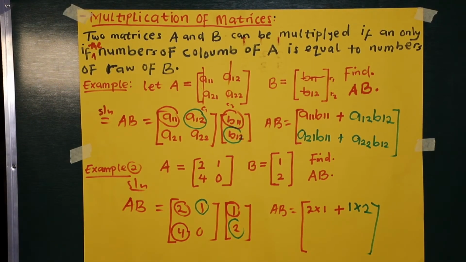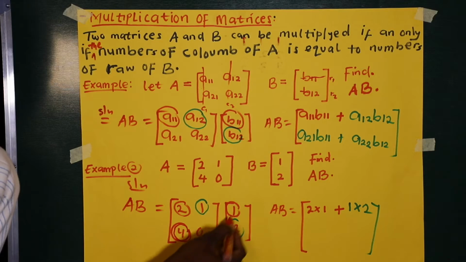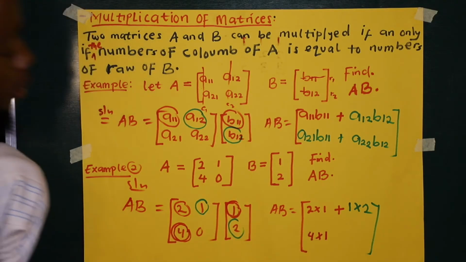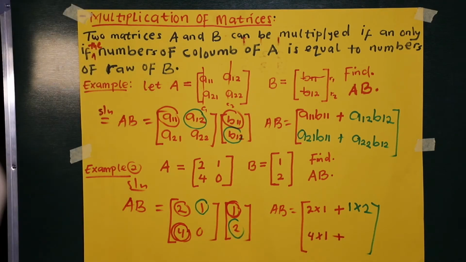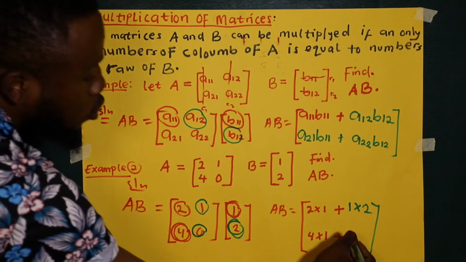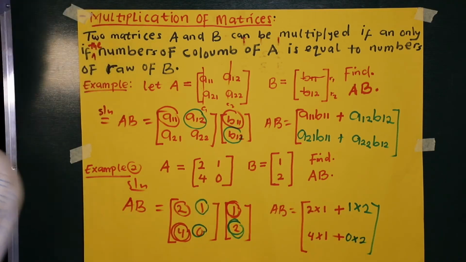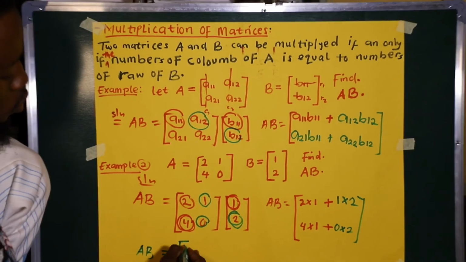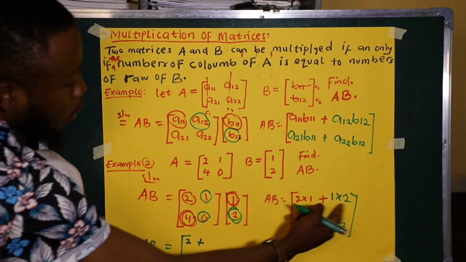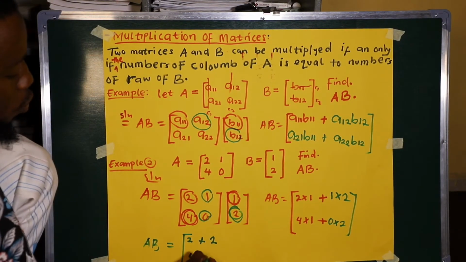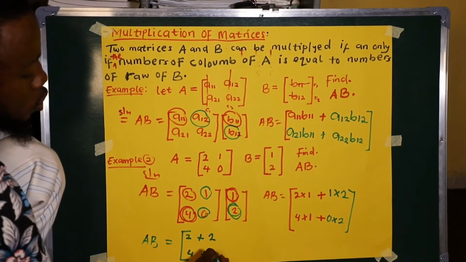4 times 1. You have 4 times 1. Then you write your plus. Then 0 times 2. Then now your matrix AB will be 2 times 1, 2, plus 1 times 2, 2, 4 times 1, 4, plus 0 times 2, 0.